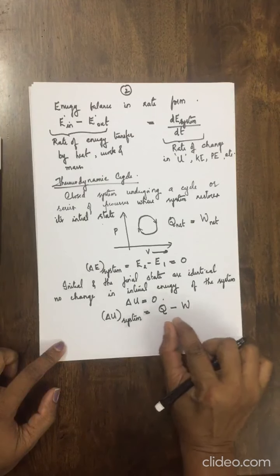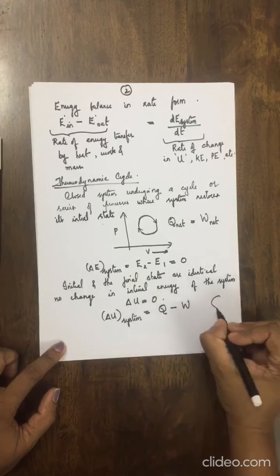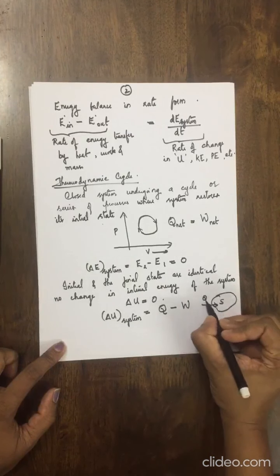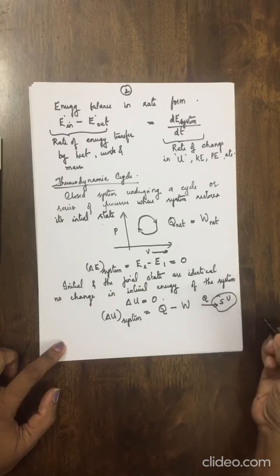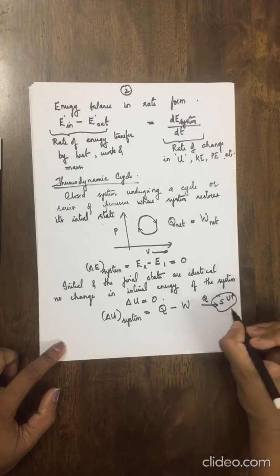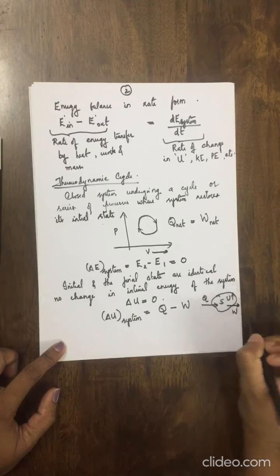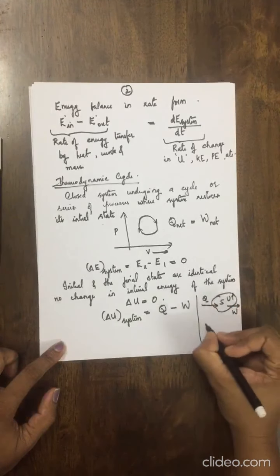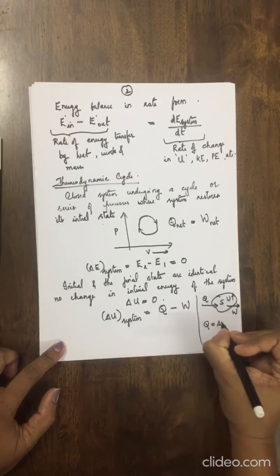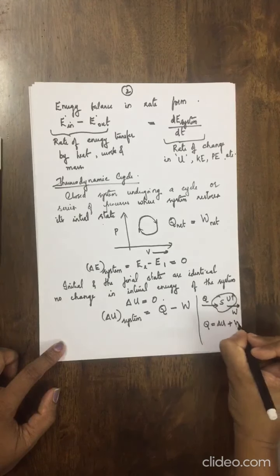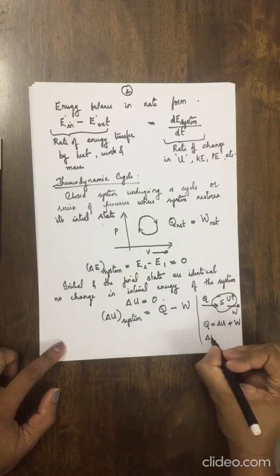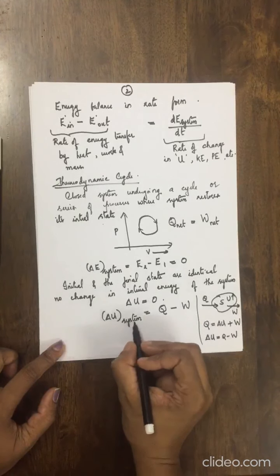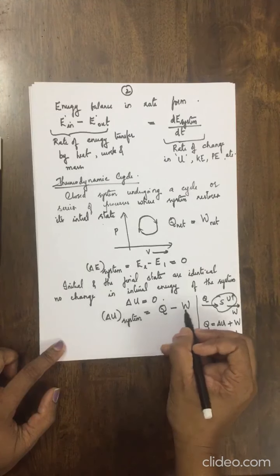So it is equal to Q minus W. If you consider a system, we derive that the heat added to the system is equal to the increase in internal energy of the system plus the work delivered by the system onto the surroundings. So Q is equal to change in internal energy plus W. So what is del U? Del U is equal to Q minus W.